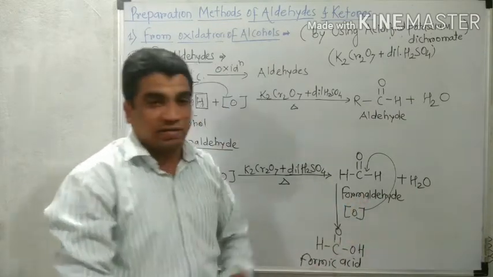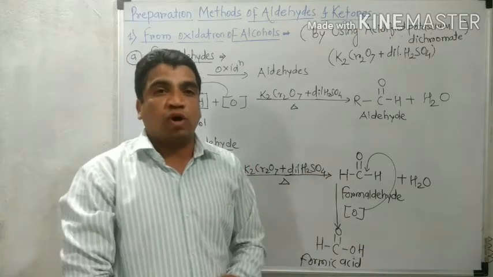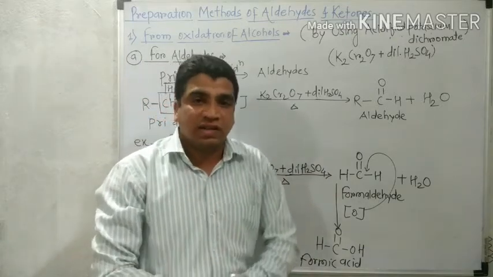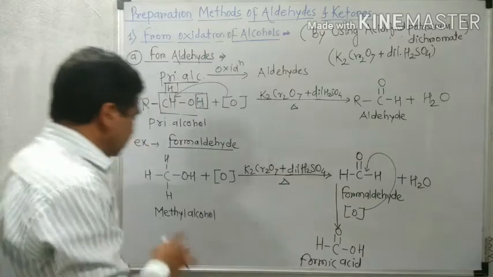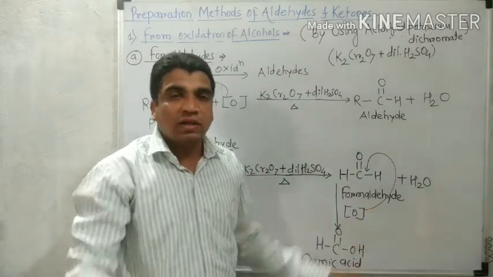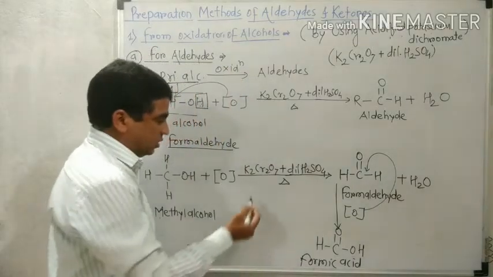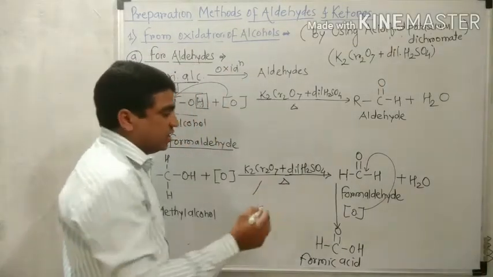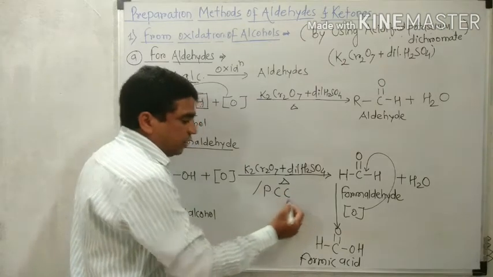Formaldehyde forms, but it is converted to formic acid. If you want to stop the reaction of methyl alcohol at the stage of formaldehyde, then you take the option of the oxidizing agent PCC.